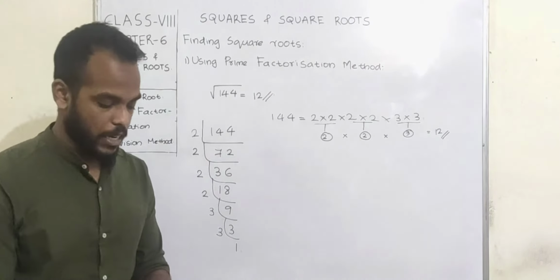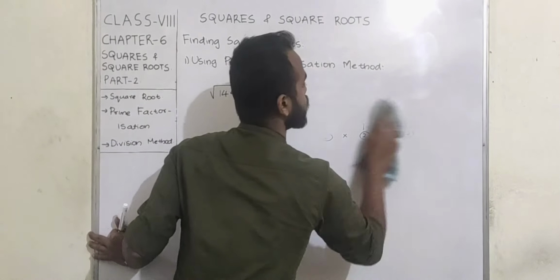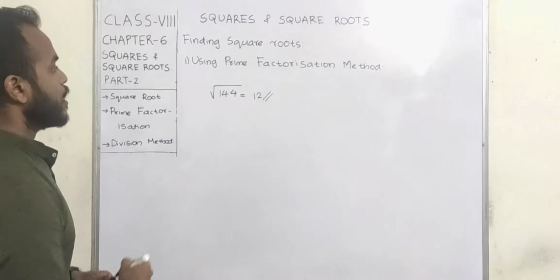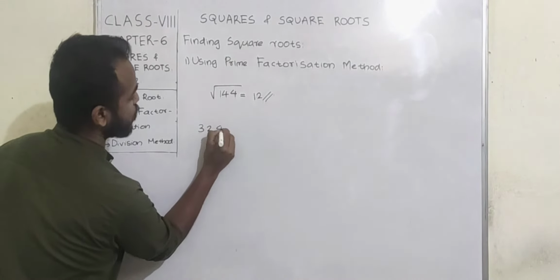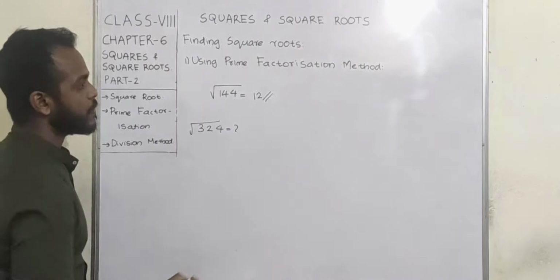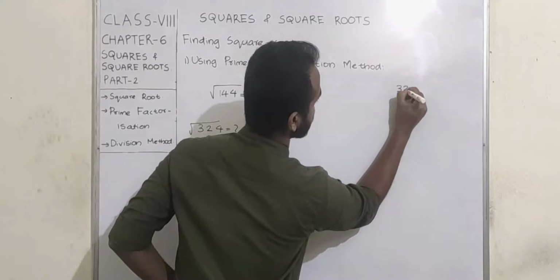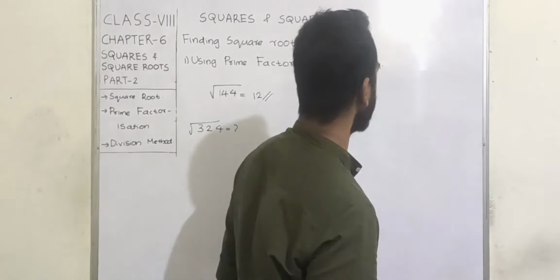It's easy, right? Now let's see another example of this format. Let's see the root of 324. To find it, what's the first step that we need to do? Just prime factorize it using your working column, on the rightmost part of your notebook.